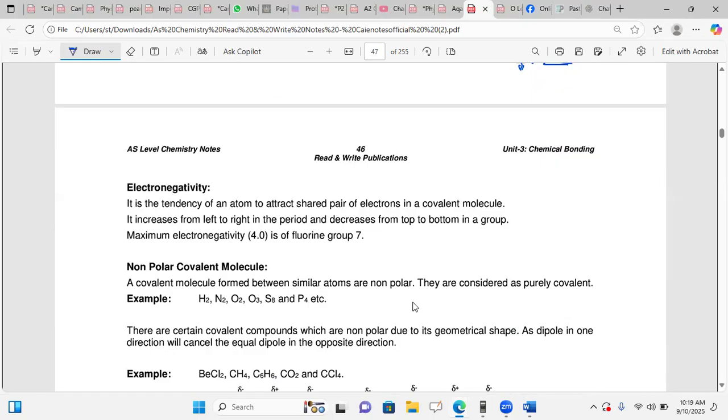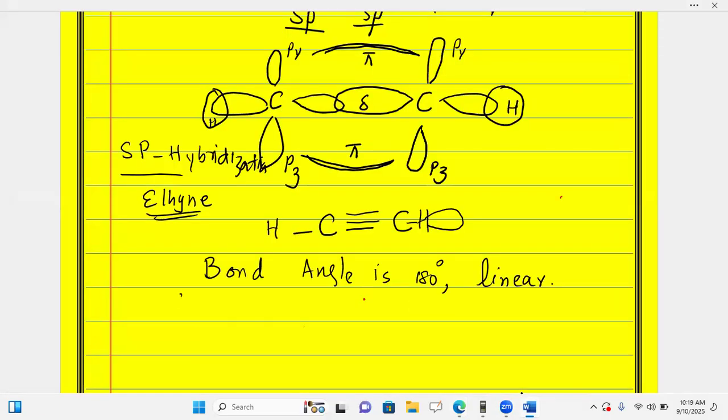And he has also explained about electronegativity, which we have also discussed in chapter 1.